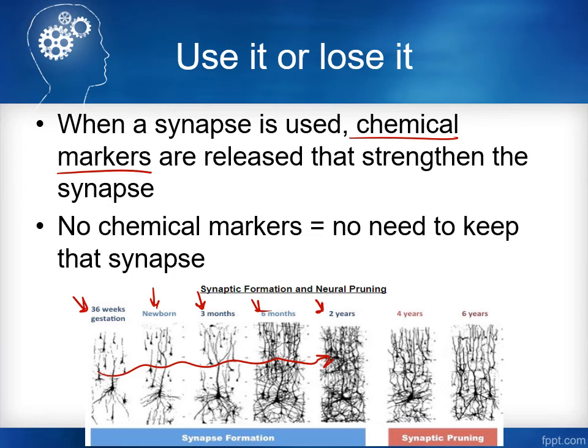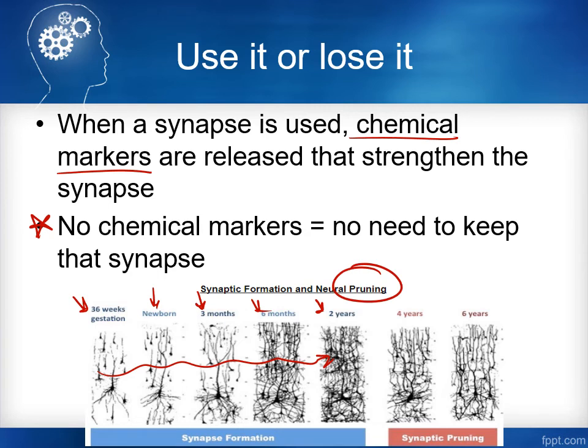And so those axons, those dendrites, are going to form the super strong connection that's going to stick. But if there aren't any chemical markers being transferred from one cell to the other, there's no need to keep that synapse, and so it's going to be pruned. So just like if you've got a tree that's growing crazy out of control, too many branches, more branches than is healthy, we're going to cut some of those branches off.